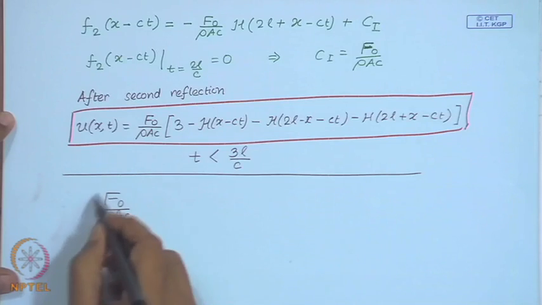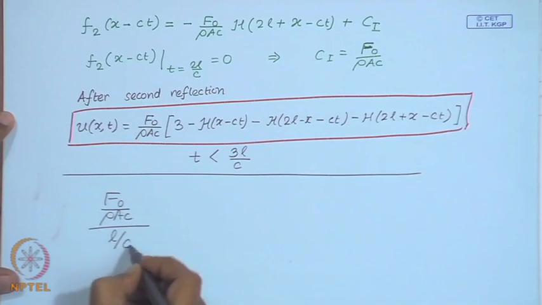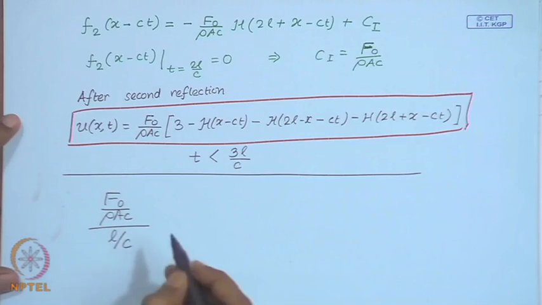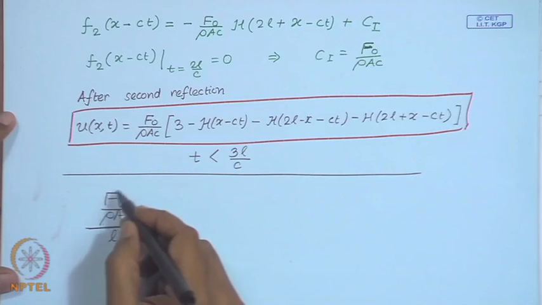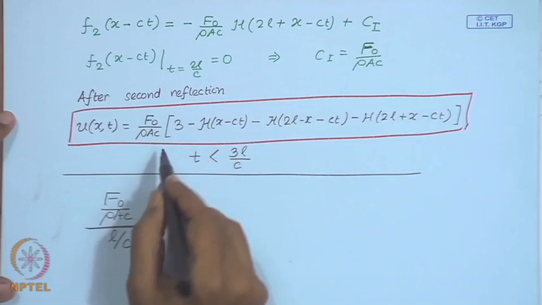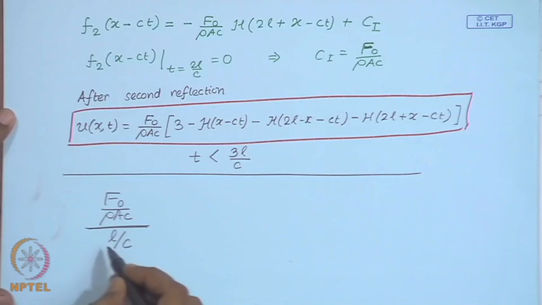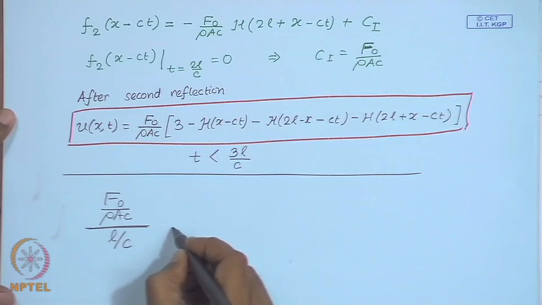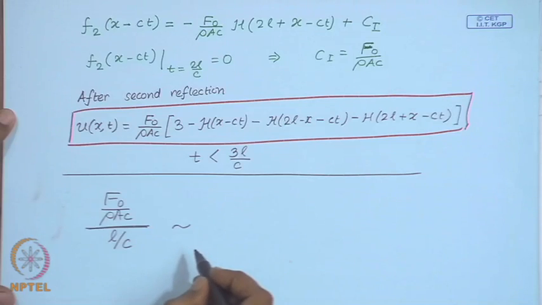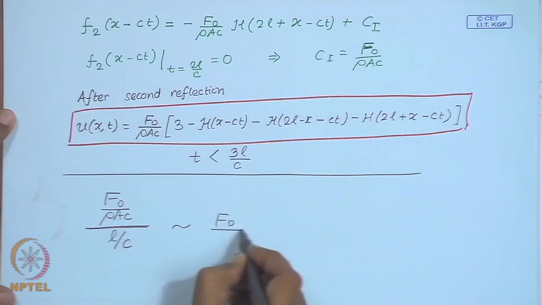This is the distance travelled in time L over c. If you look at these plots, you will find the distance travelled is f naught over rho A c. So, at every step you have this displacement, and the displacement takes place in this time interval. So, the average speed of the bar is f naught by rho A L.